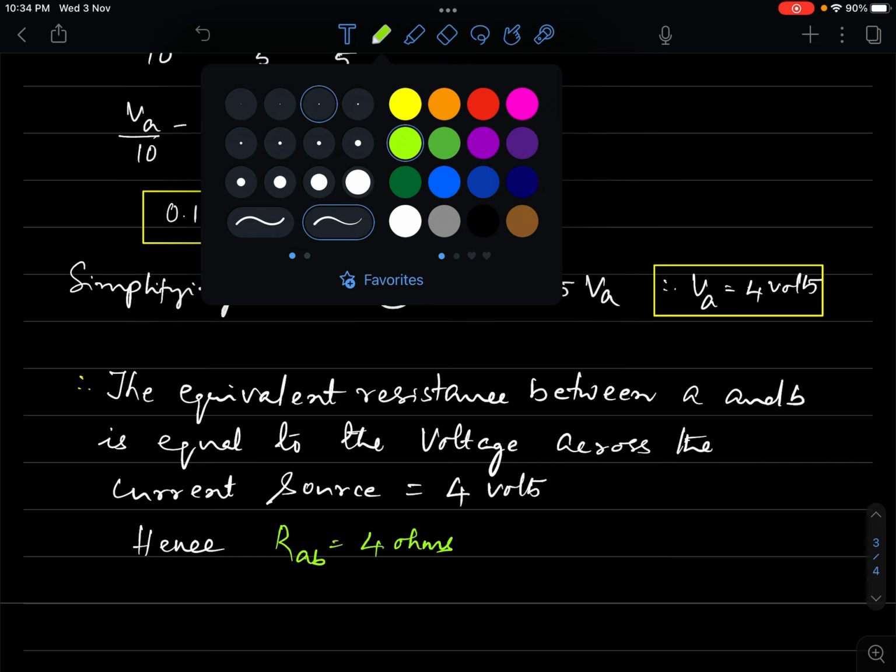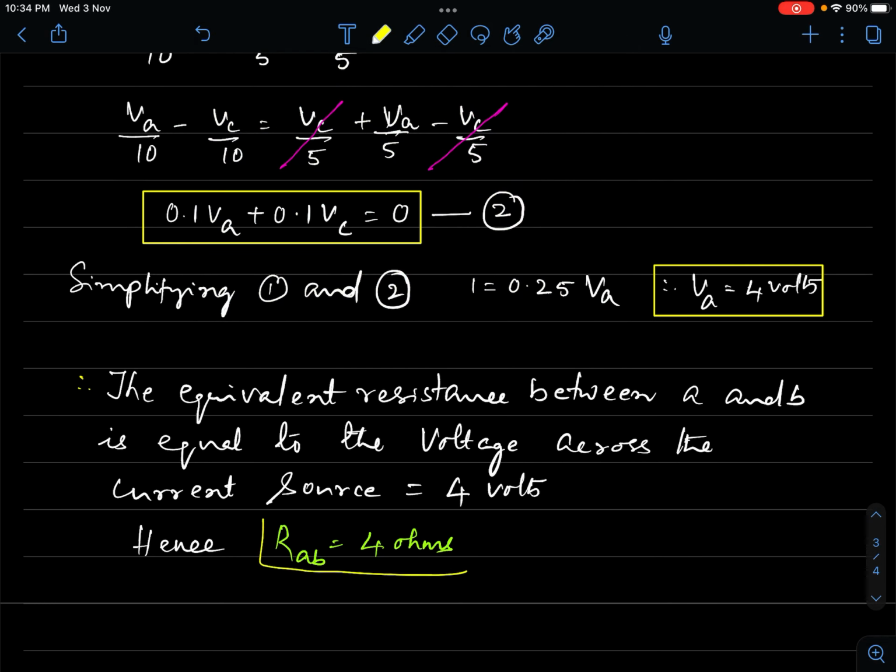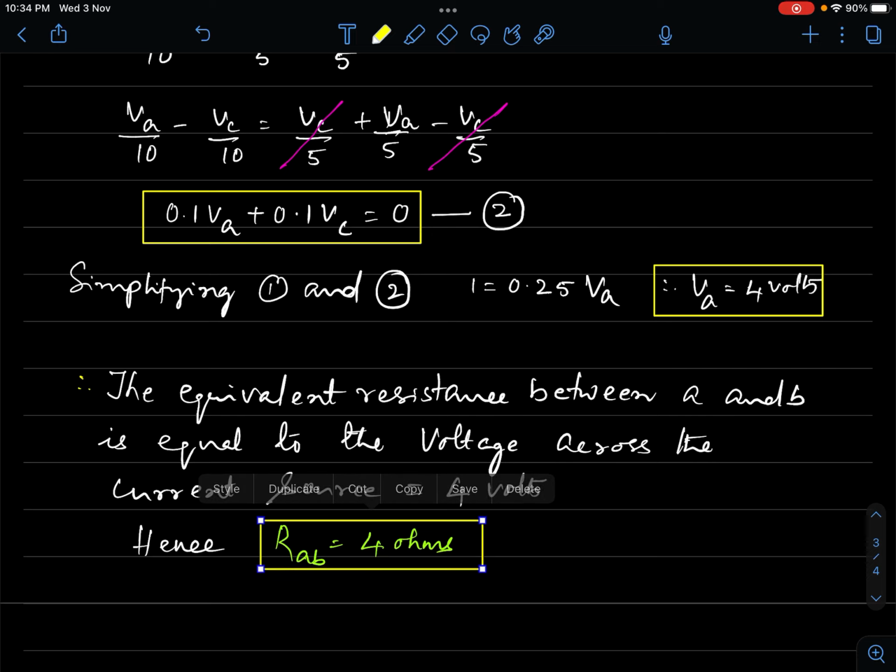Okay, this is how we finish the problem. So the equivalent resistance between A and B is nothing but the voltage across the current source, and that comes out to be 4 volts. So voltage is 4 volts, but the resistance is 4 ohms. I suppose that is clear.